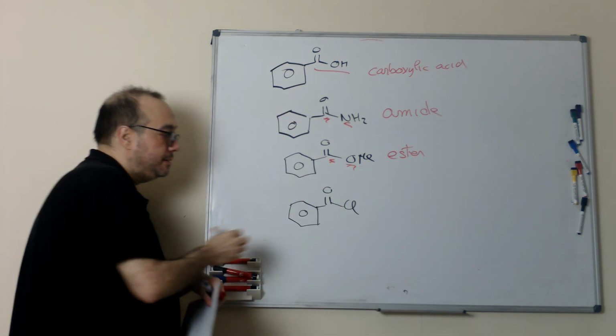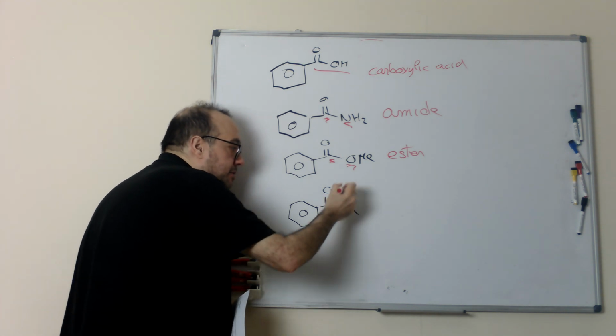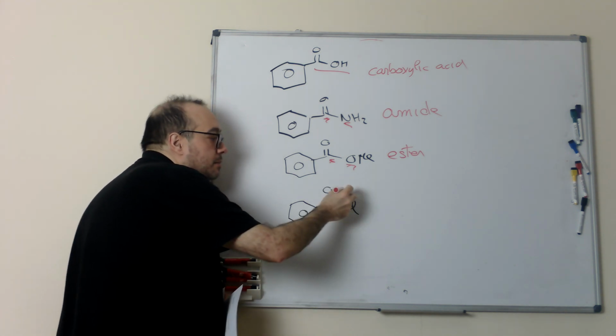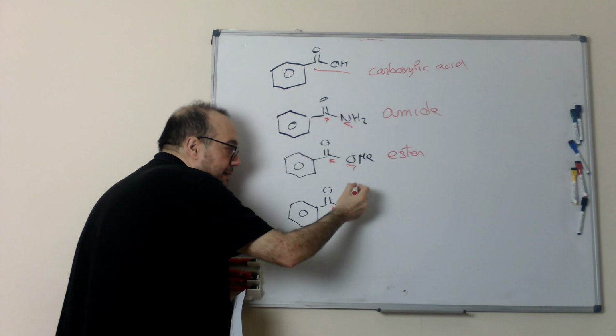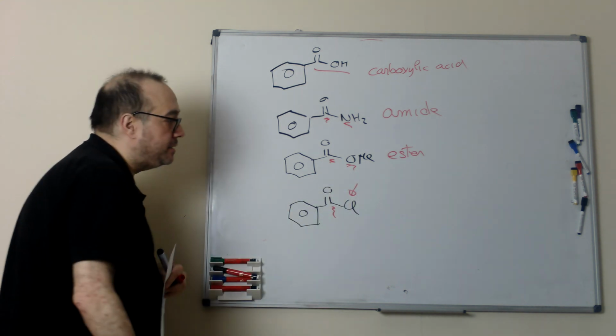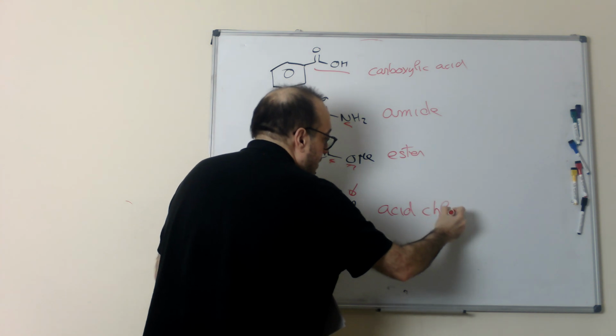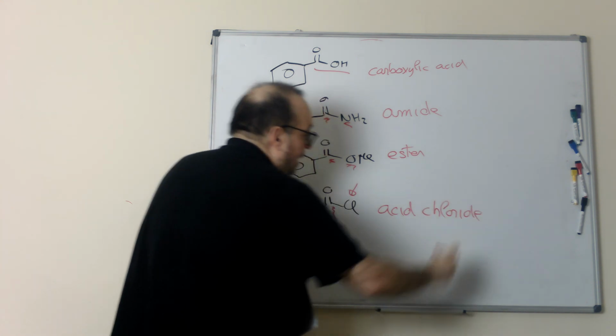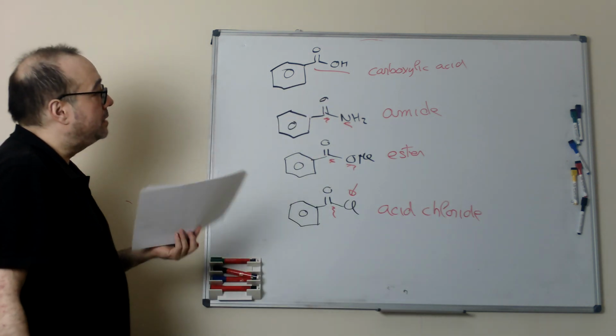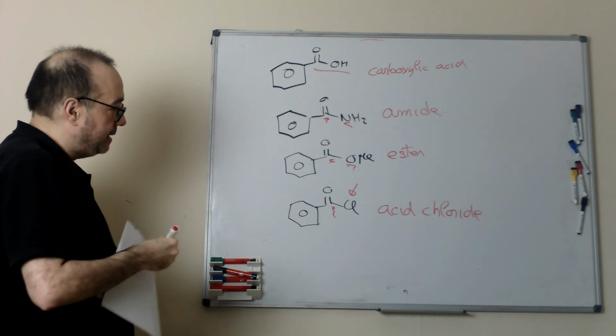And this one that has a carboxylic functional group and a chloride is called acid chloride. Okay? That has been easy.